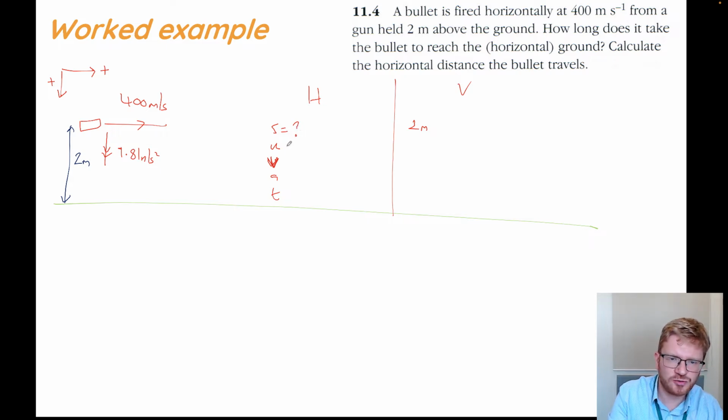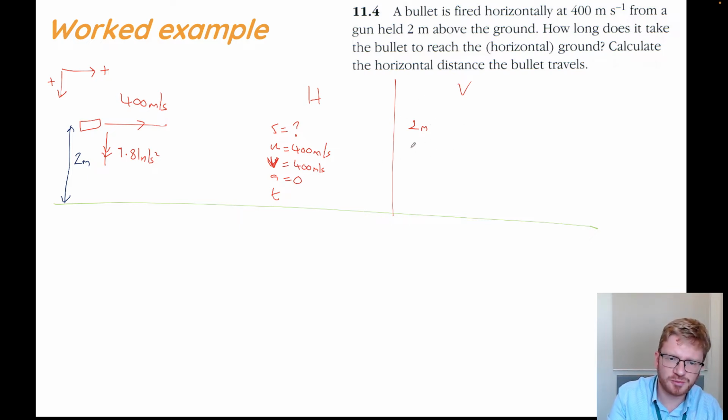In terms of initial velocity, in the horizontal, we know it starts at 400 meters per second. And because it's not accelerating in the horizontal direction, its end velocity will be 400 meters per second, and its acceleration is 0.